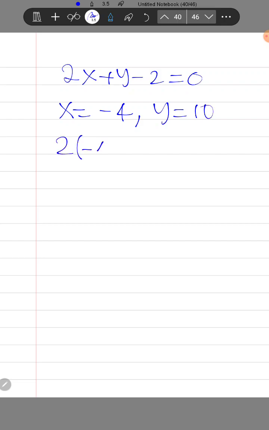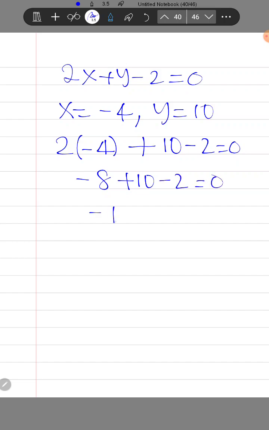2 times minus 4 plus 10 minus 2 is equal to 0. Minus 8 plus 10 minus 2 is equal to 0. Minus 10 plus 10 is equal to 0. Yes, 0 is equal to 0 is true.